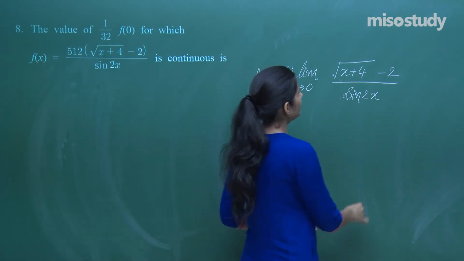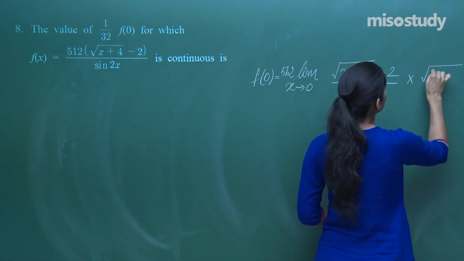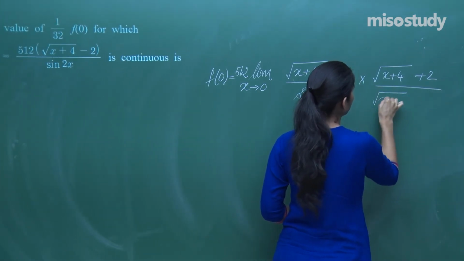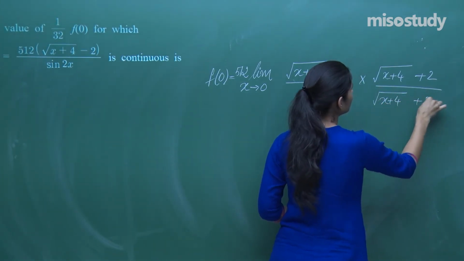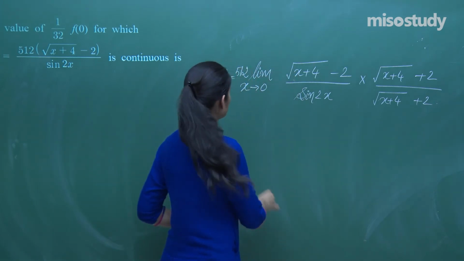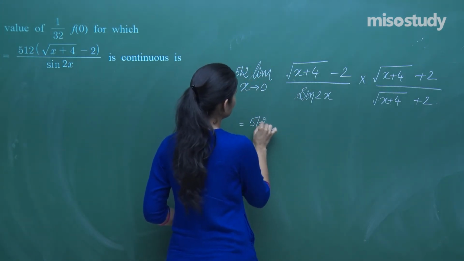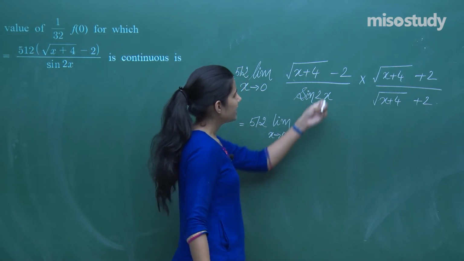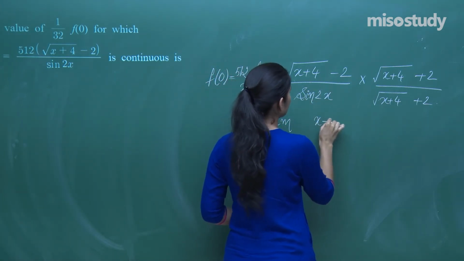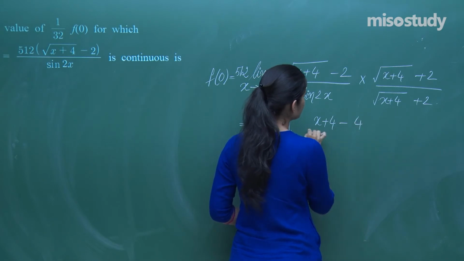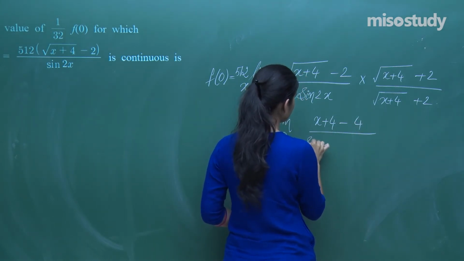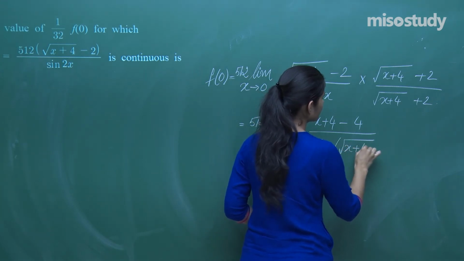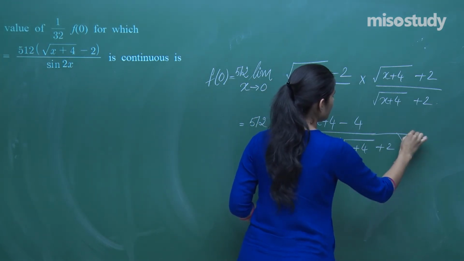Fine. Here what you can do is, just to solve, you can rationalize. So you have 512 limit x tends to 0, a minus b, a plus b is a square minus b square, whole upon sine 2x into root over x plus 4 plus 2.